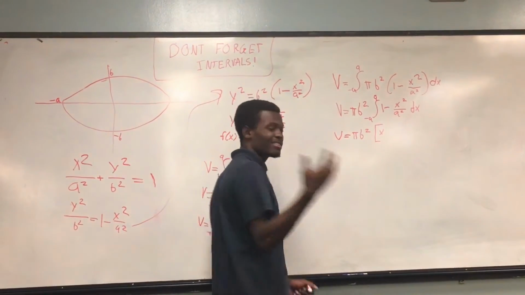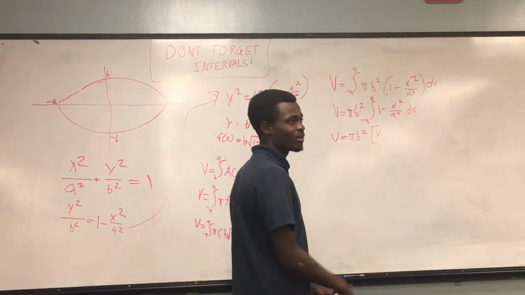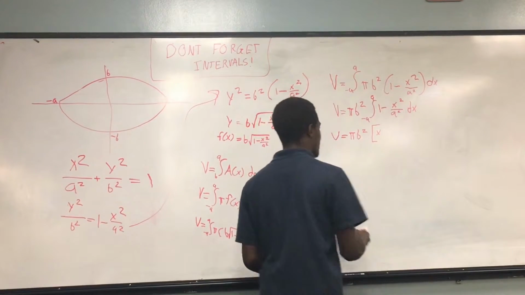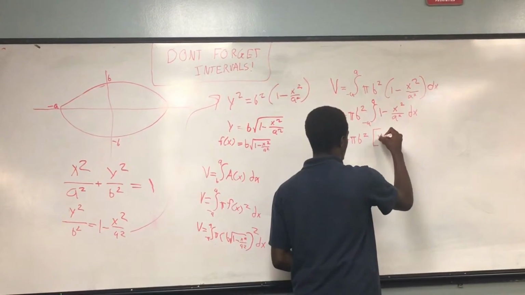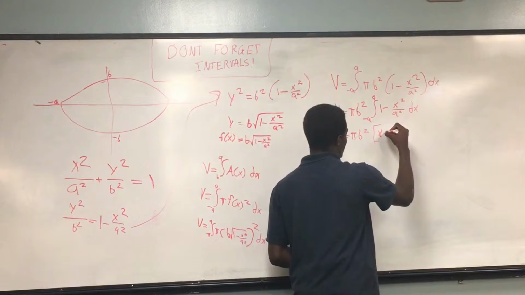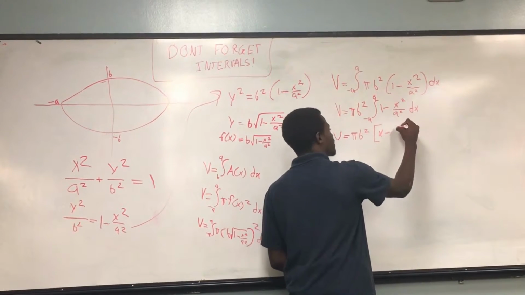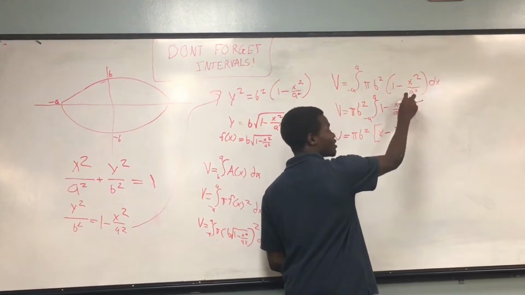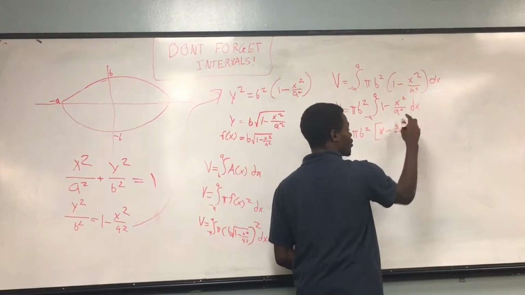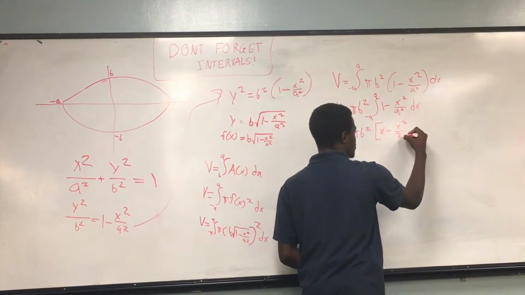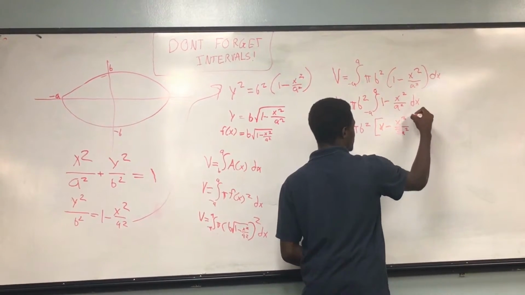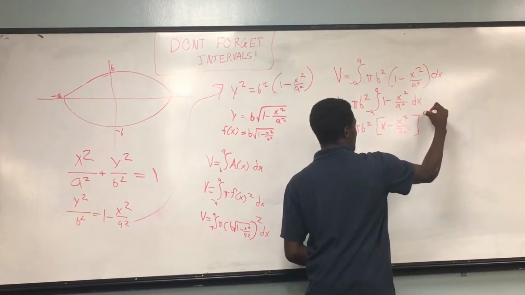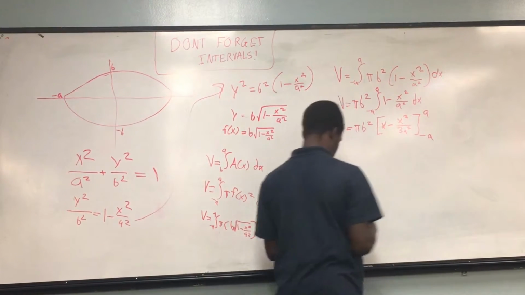That is more easily written down, but I'm not going to write that down right now. That becomes x minus x cubed, because we added 1 to this exponent. Then we put it over 3, and then put the a squared there also. It becomes 3a squared, interval from a to negative a.